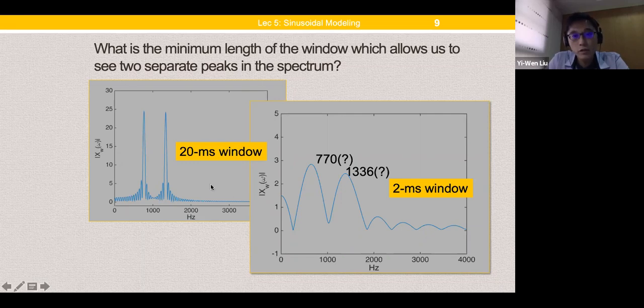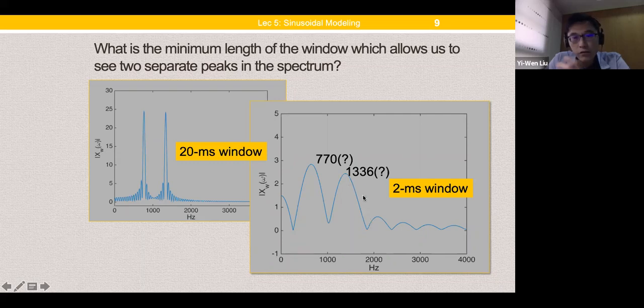So here is the contrast between 20 millisecond window versus 2 millisecond window. You see that the 2 millisecond window results in a broad peak in the frequency domain. Even though one of them is still around 770, the other is around 1300, but they are pretty wide.